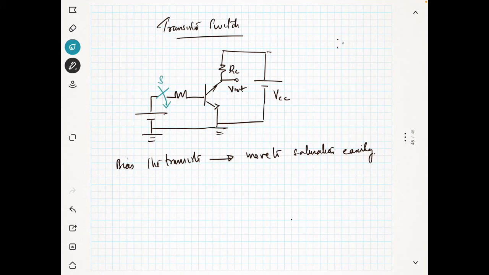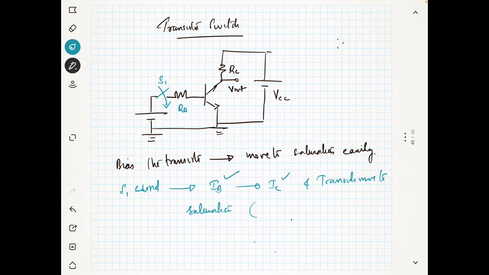Now suppose the switch S1 is closed. What will happen? You will have a base current and a collector current, and the transistor moves to saturation.